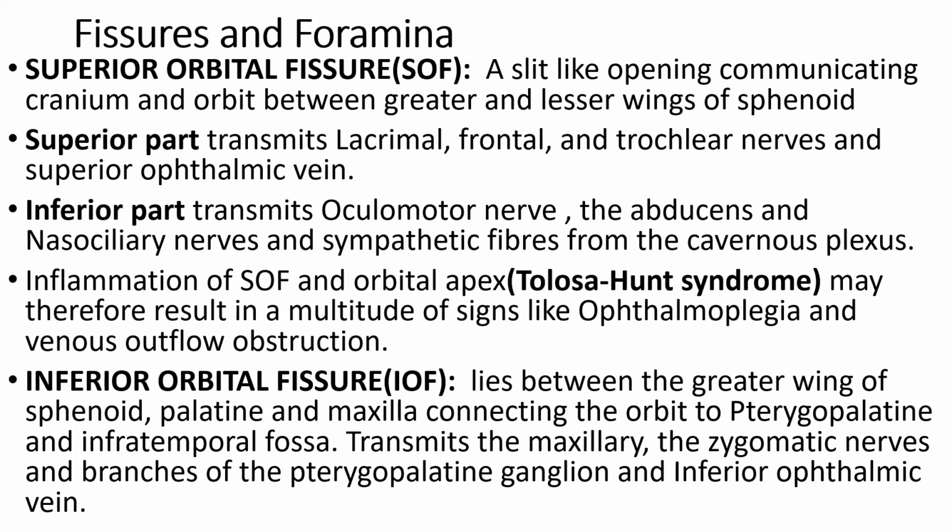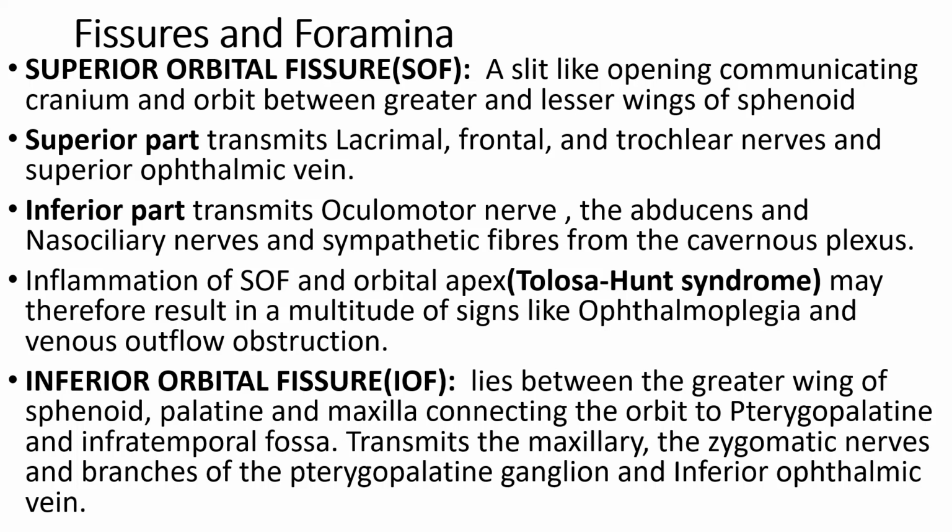Superior orbital fissure is a slit-like opening communicating the cranium and orbit between the greater and lesser wings of sphenoid. Its superior part transmits lacrimal, frontal, and trochlear nerves and the superior ophthalmic vein. Inferior part transmits oculomotor nerve, the abducens, and nasociliary nerves and sympathetic fibers from the cavernous plexus.